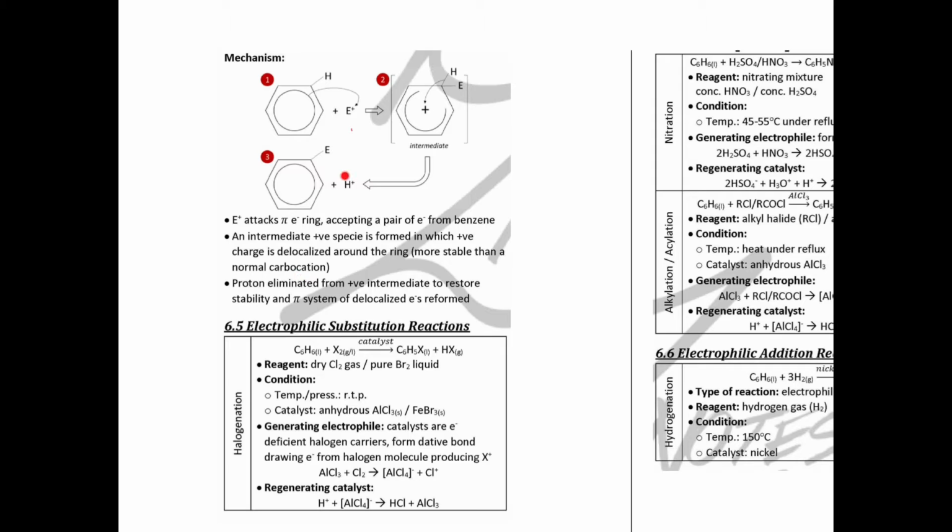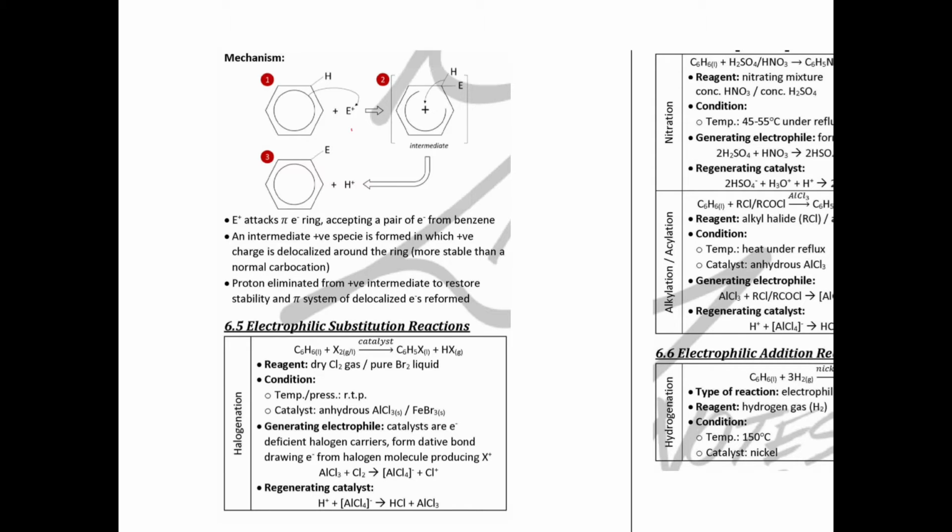That means the H+ is eliminated from the positive intermediate. This is the positive intermediate. To restore stability, they remove the H+ so that the benzene ring of 6 delocalized electrons is formed, and that is more stable. So the 6 delocalized electrons reform. So these are the mechanisms.